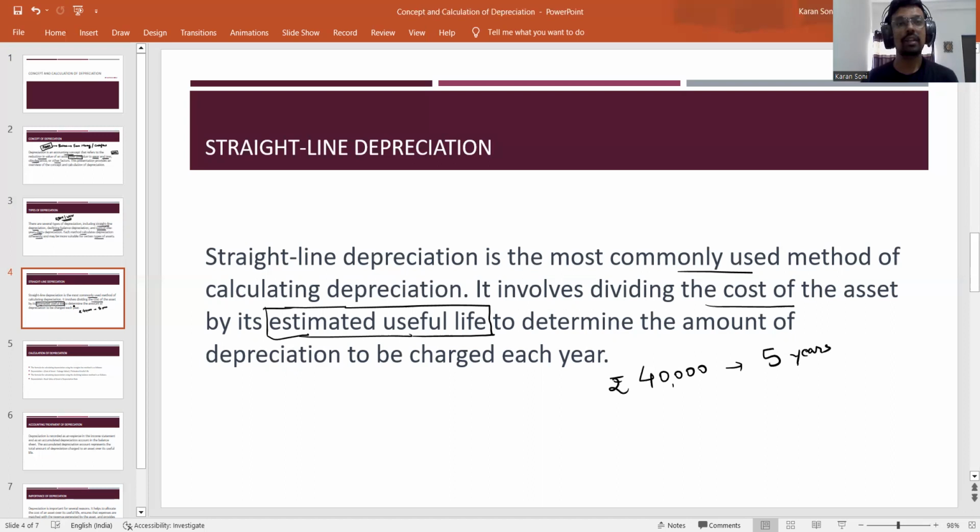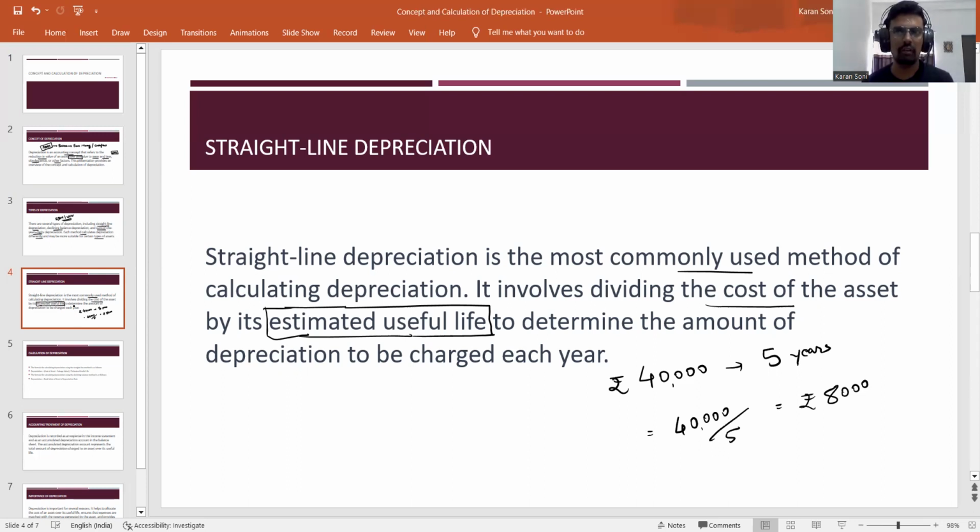So how will I calculate depreciation for a single year? I will just divide 40,000 by 5. Very easy. The answer will be 8,000. Please don't ask me, sir, how you got this answer 8,000. Guys, it's very easy: 40 divided by 5, 8,000.